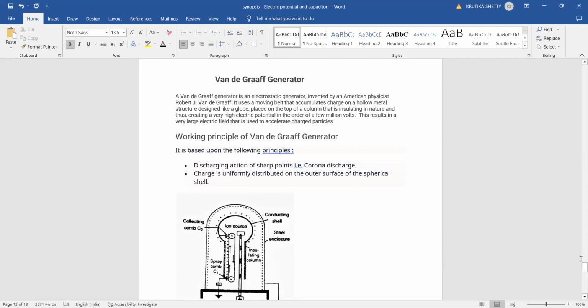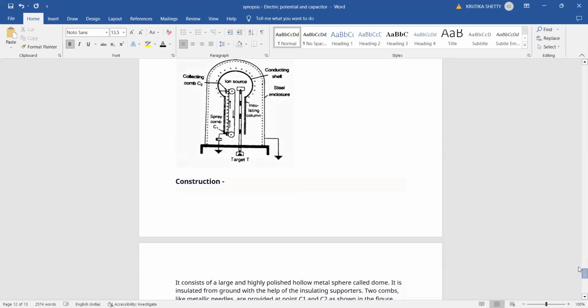So this was invented by J. Van de Graaff. It is the name of a scientist, an American scientist. So J. Van de Graaff invented the Van de Graaff generator. So if you see the figure here, look at the figure first. Yes. If you see the figure here, wait one second.